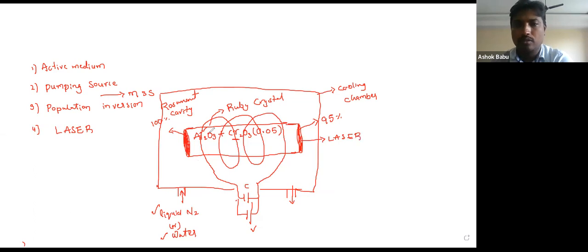This ruby crystal I keep within the xenon flash tube, the helical xenon flash tube.